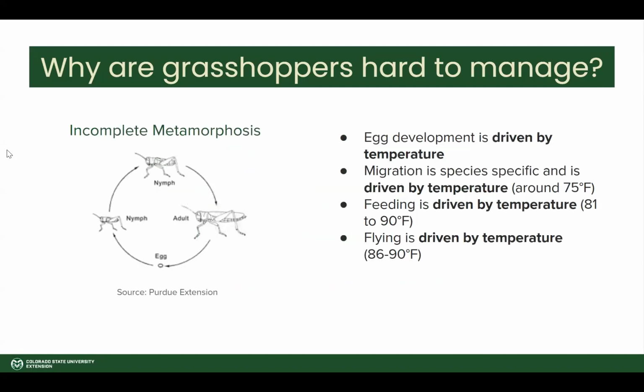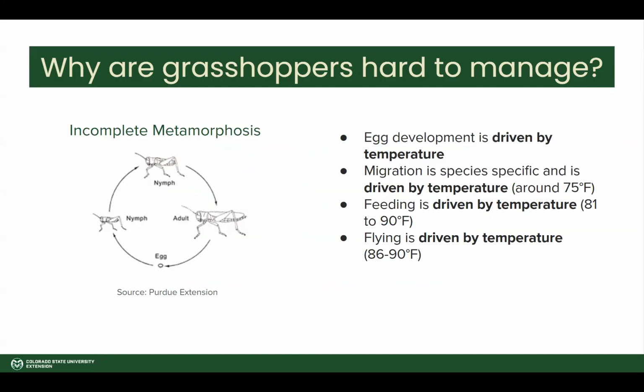And there's also this element of temperature. So let's talk a little bit more about the life cycle, because temperature is the driving factor for this. Our grasshopper adults lay their eggs in the summer and the beginning of fall. Those eggs must develop to a certain level before they reach a stage of diapause for the winter.